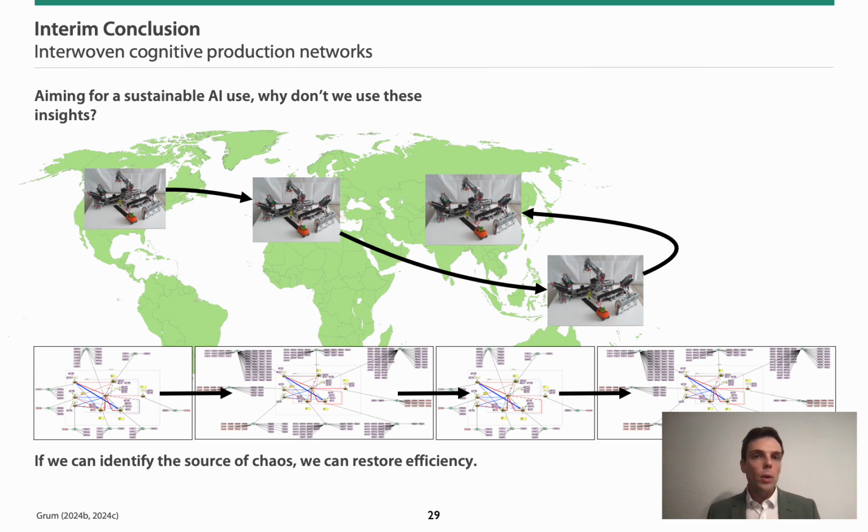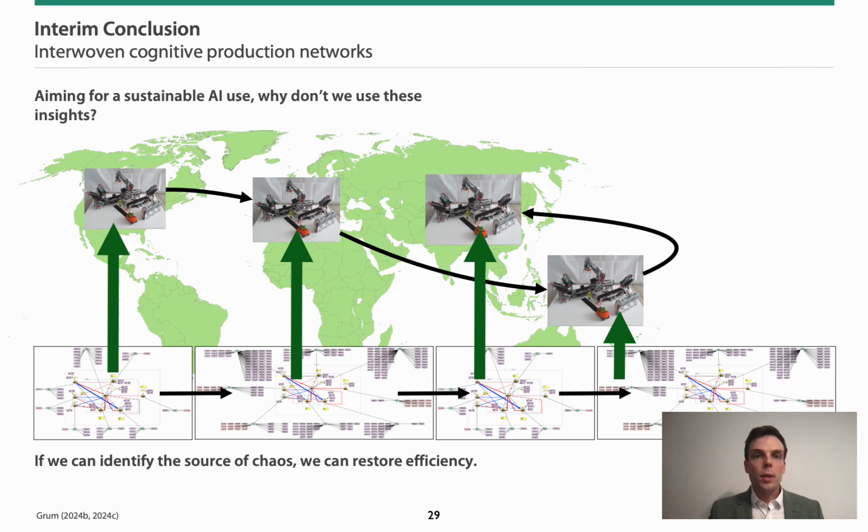In reality, we are mostly faced with the production behavior only. Debugging the underlying neuronal systems is effortful and a long-lasting task, but we experience the influence of activation types on these disturbances and inefficiencies. Aiming for a sustainable AI use, why don't we use these insights?